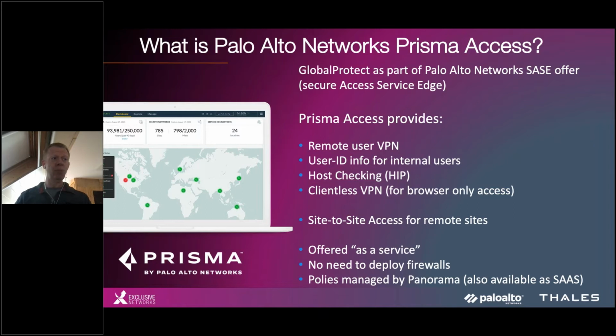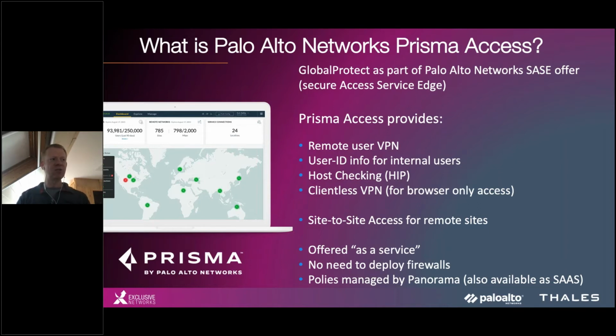Now, GlobalProtect is also delivered by Palo Alto as a service, and this is called Prisma Access. Because with GlobalProtect, you still have to install your own firewalls. You still have to install all your portals, all your gateways. Now, this is no longer needed with Prisma Access. So Prisma Access is what they call the SASE offering, the Secure Access Service Edge. And in fact, we don't have physical or even virtual firewalls anymore.